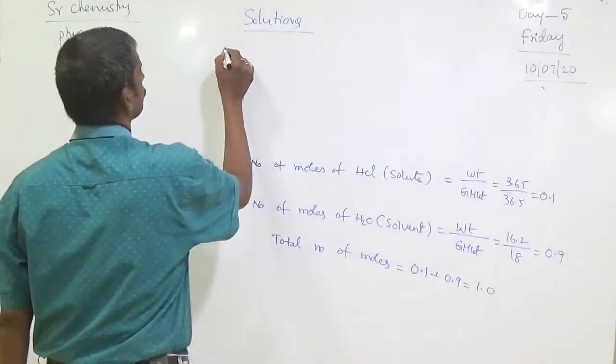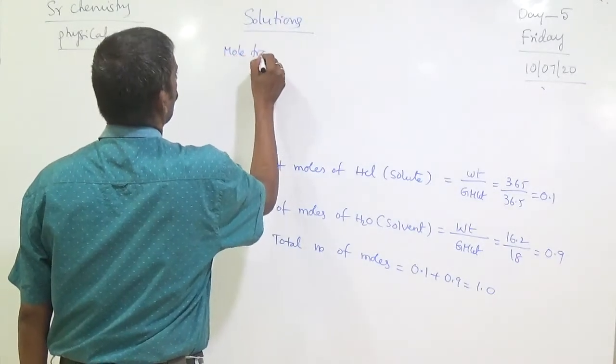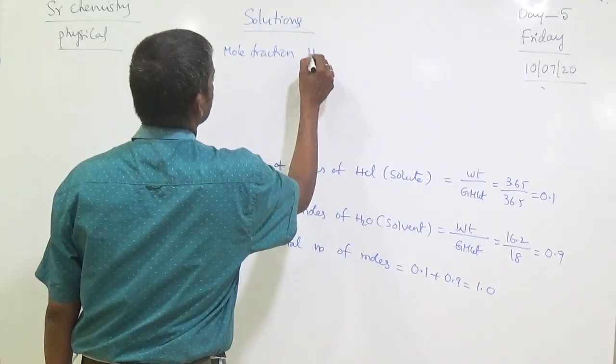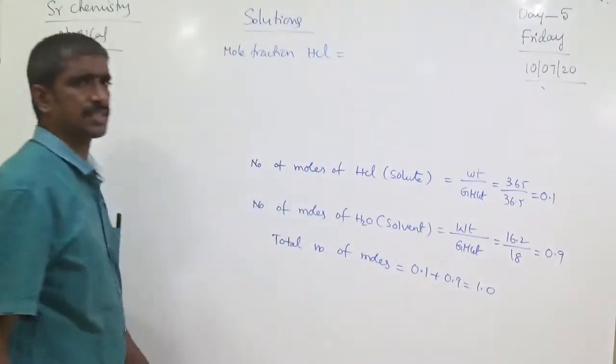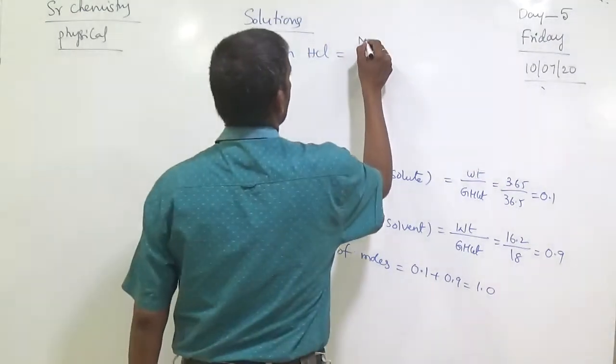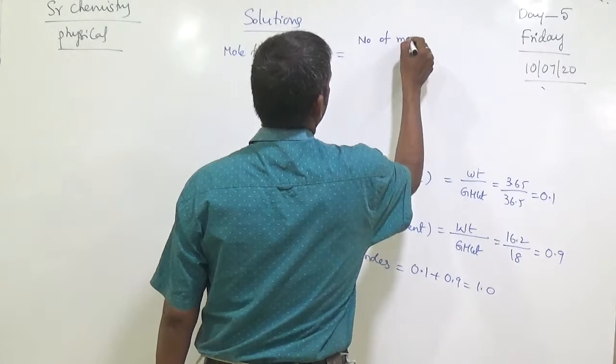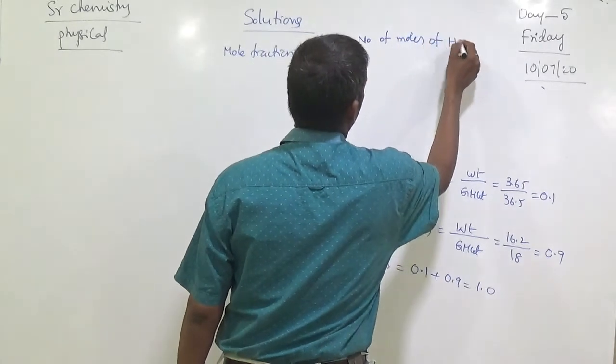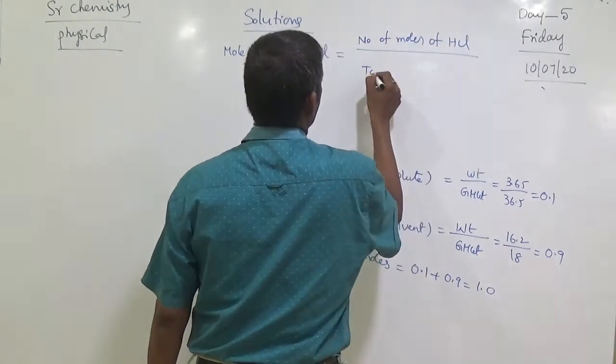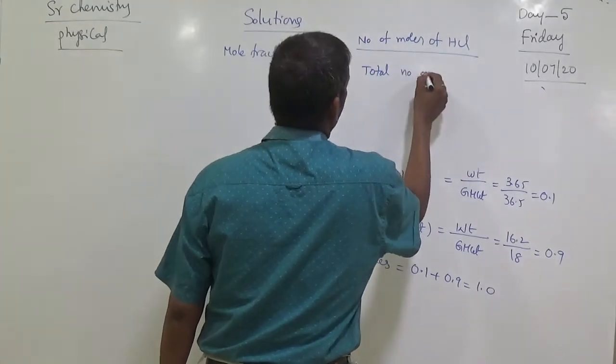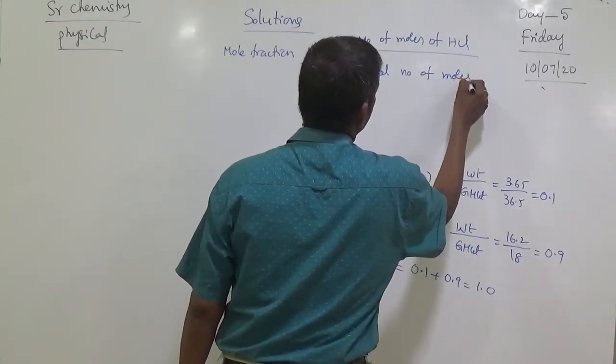Next, mole fraction of HCl equals number of moles of HCl by total number of moles.